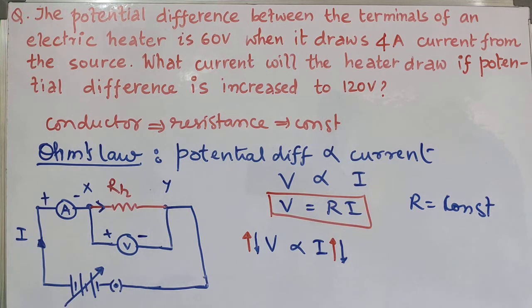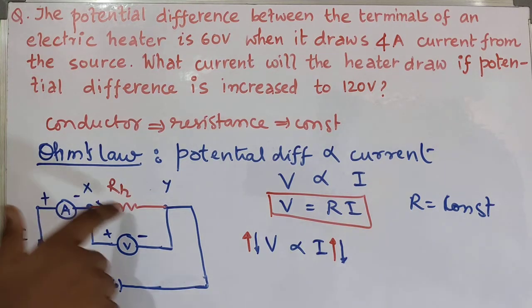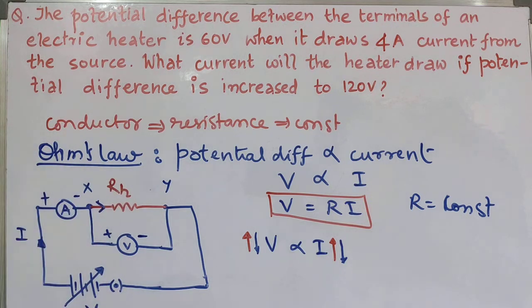So we'll take the case of an ideal voltmeter, where the current passing through the voltmeter is 0. So all the current passes through the heater.